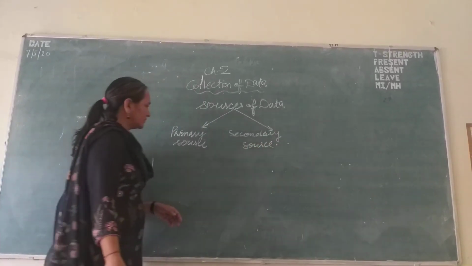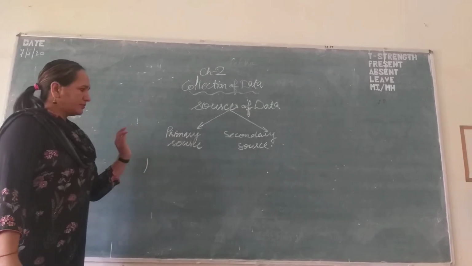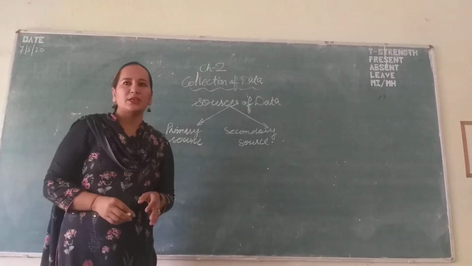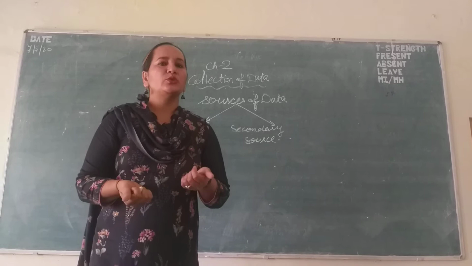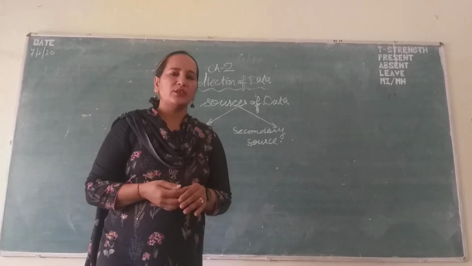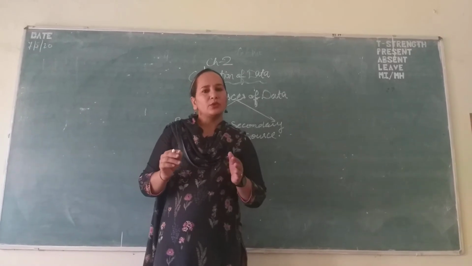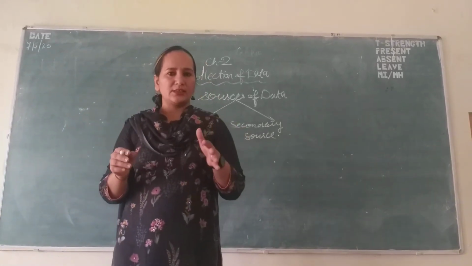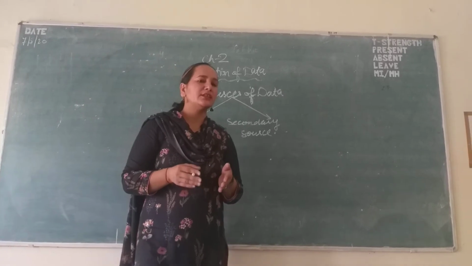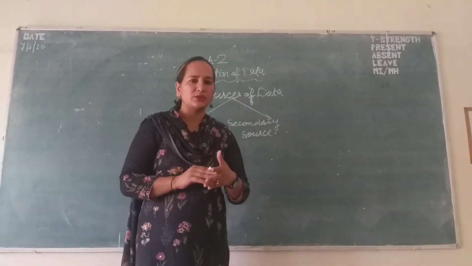Primary source. First of all, like the students of class 11th are new. If I want to know the IQ level of the students of class 11th, I want to conduct a test. On the basis of that, I can come to know the IQ level of the students.